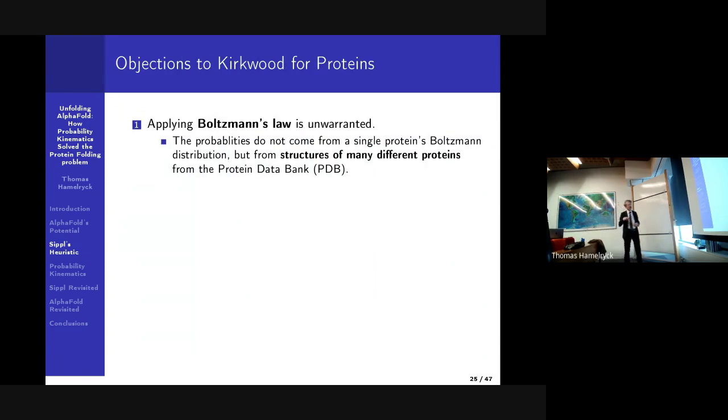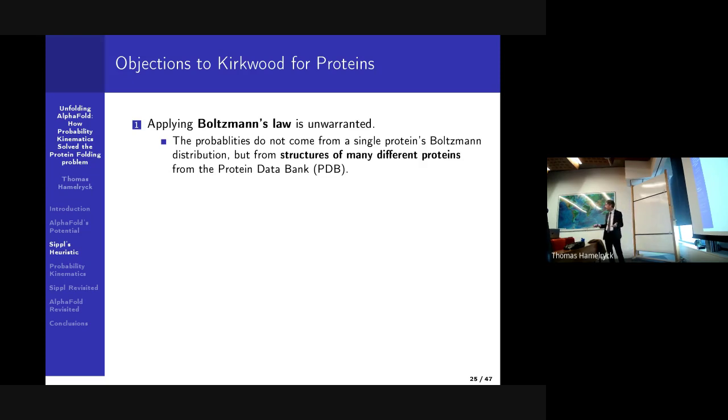Now, applying this type of potential to proteins is kind of unwarranted. First of all, applying Boltzmann's law to the protein situation in this case is unwarranted because, of course, our probabilities don't come from a single protein. They come from a large collection of different proteins. So we can't just apply a Boltzmann distribution.